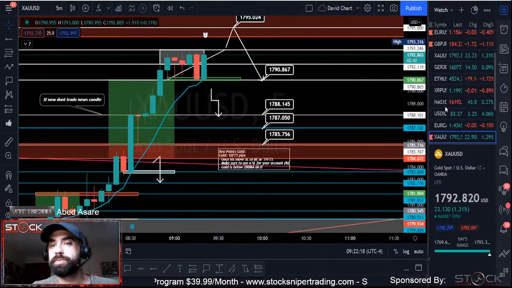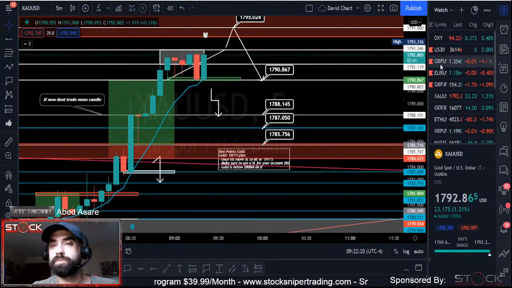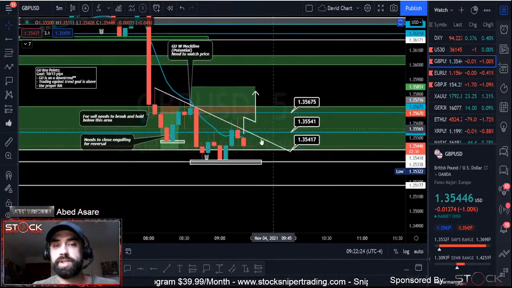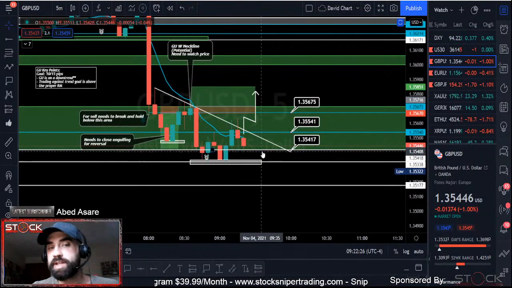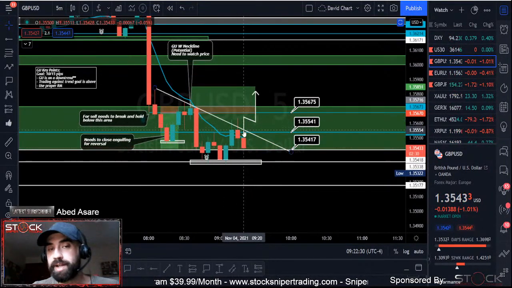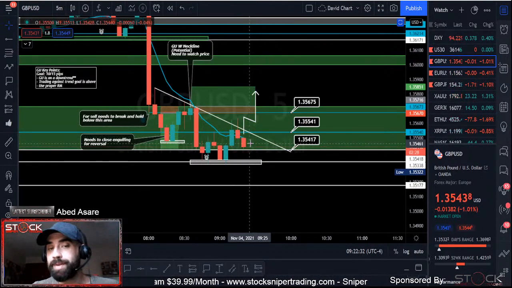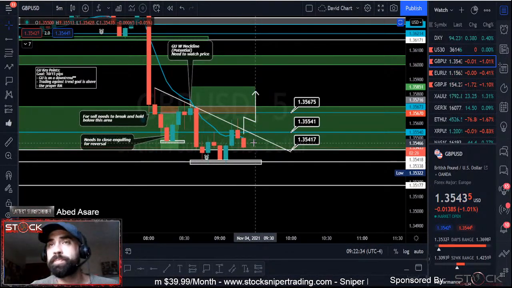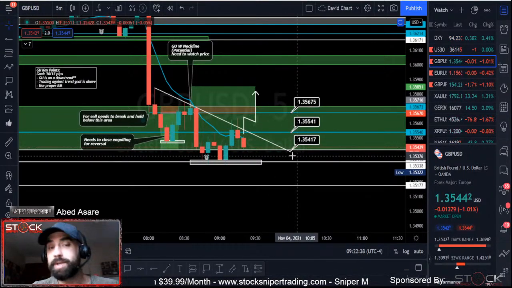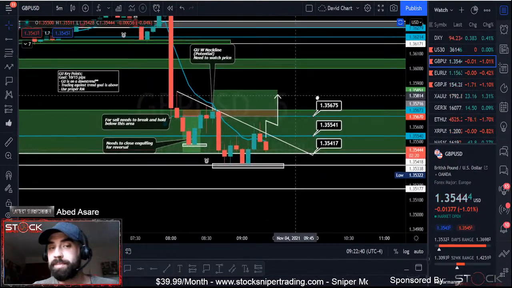Let's check out GU. Okay, heavy resistance, now closing, guys. If you guys understand this, we've traded this similar pattern on gold. It didn't break above, holding below that 9. We've traded this. Sorry about that. It was actually gold. Same kind of pattern happened.